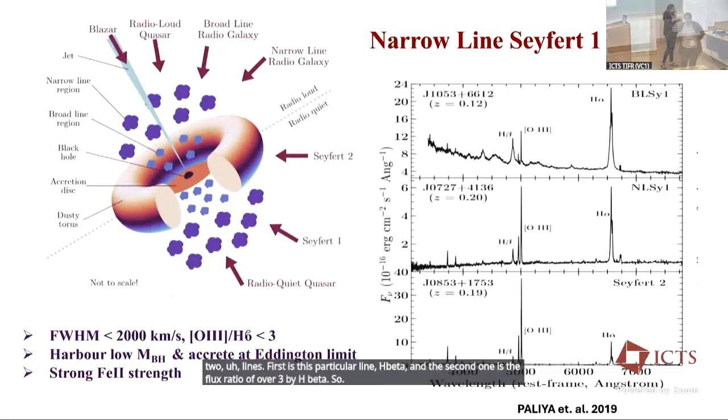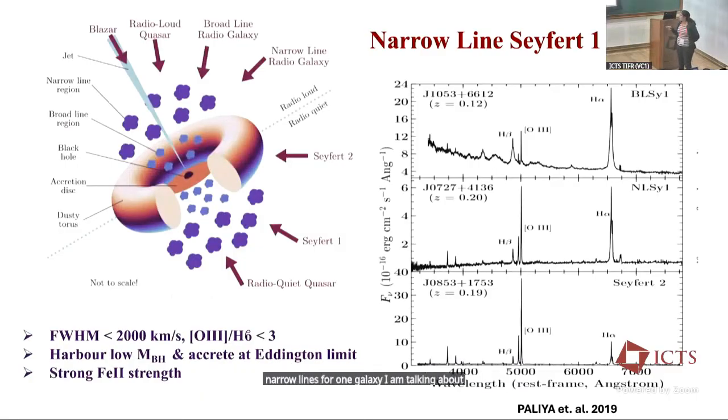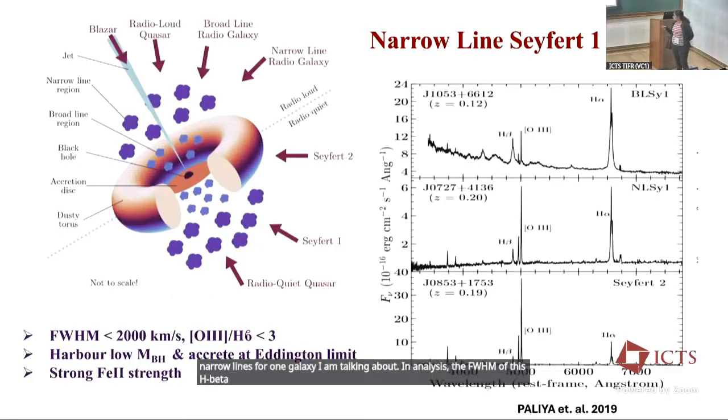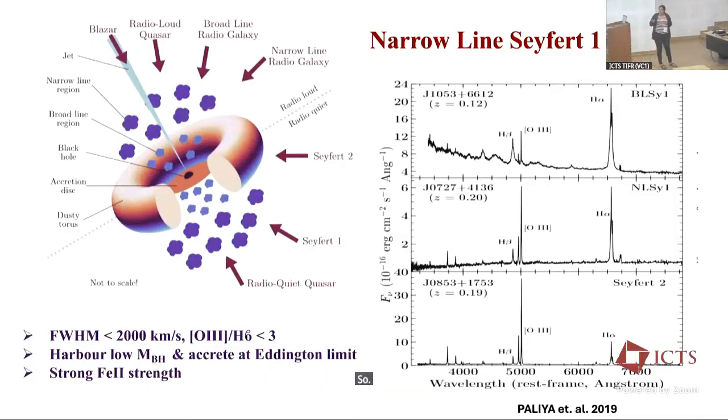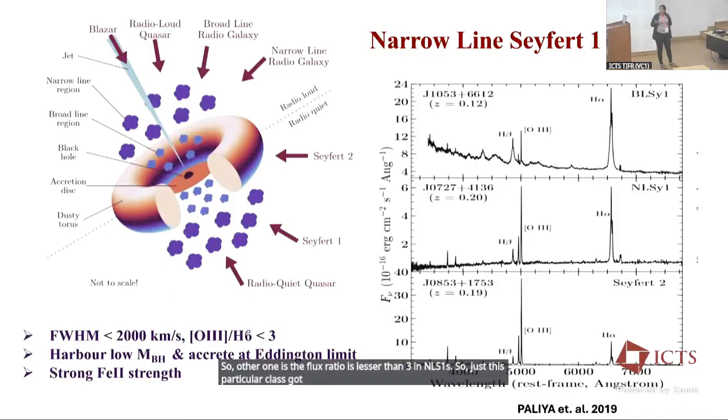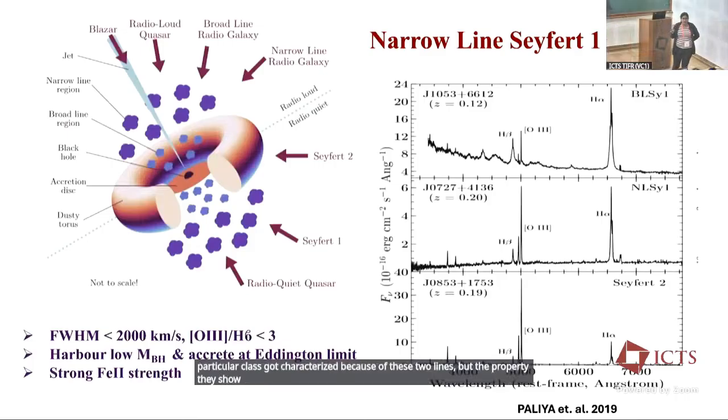So in NLS1s, narrow line Seyfert 1 galaxies, the FWHM of the H beta line is lesser than 2000 km per second, and in broad line it is higher than 2000. The other one is that the flux ratio is lesser than 3 in NLS1s. This class got characterized because of these two lines, but the properties they show are very peculiar.